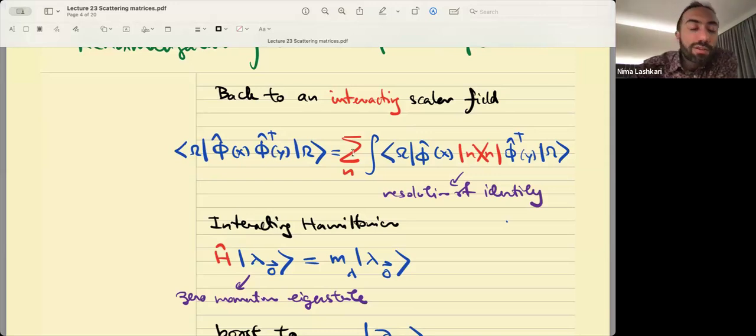In quantum field theory, as in quantum mechanics or any other quantum system, you could define a resolution of identity, right? You could insert a resolution of identity here. What these are basically are all the energy eigenstates of the Hamiltonian.